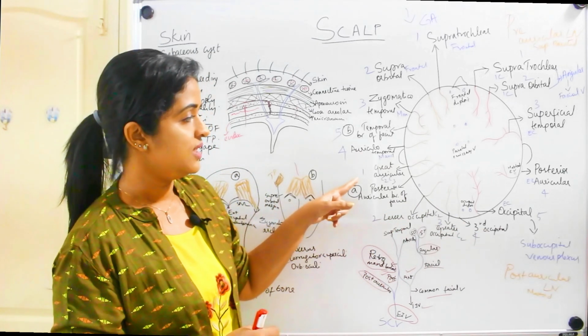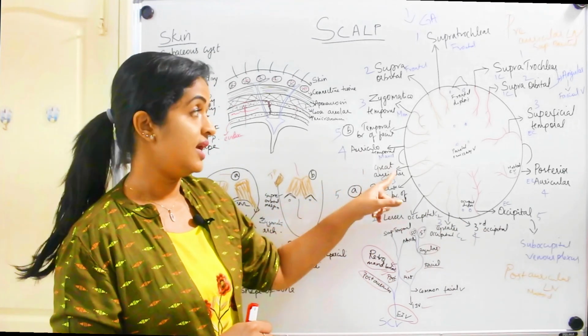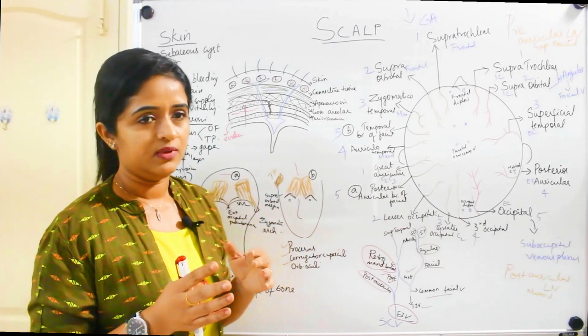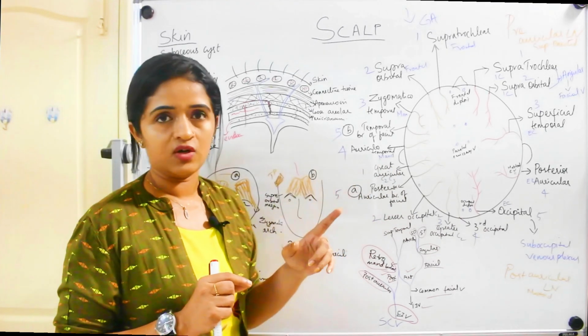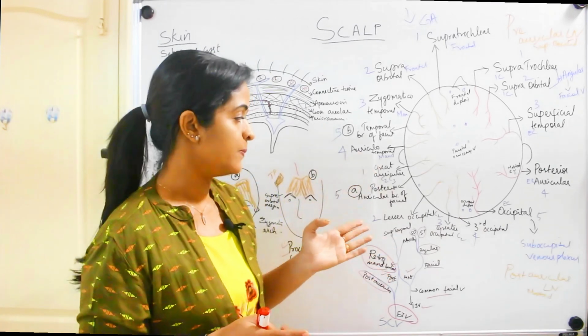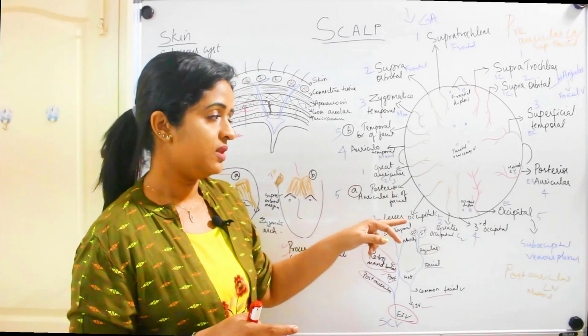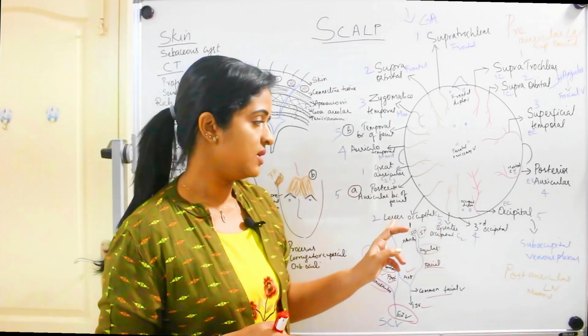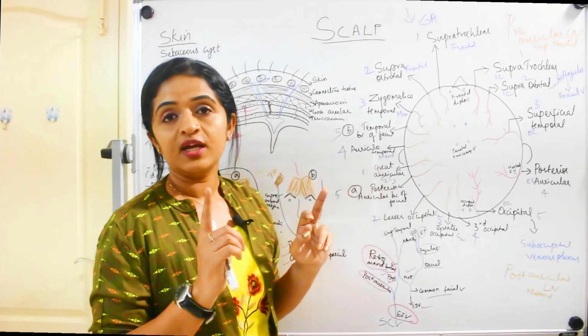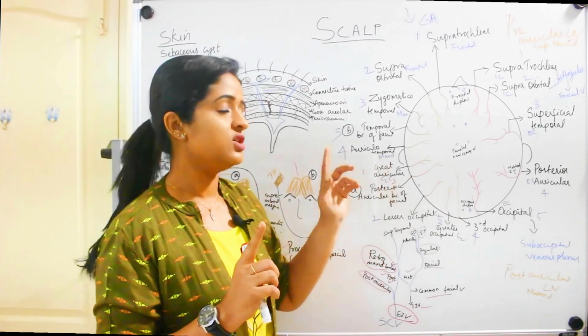Here you can see that great auricular is great, it is not greater. Many of you usually commit this as greater auricular. It is not greater, it is just great because there is no lesser auricular. But here you have lesser occipital and greater occipital. You get only one auricular, that is the great auricular.